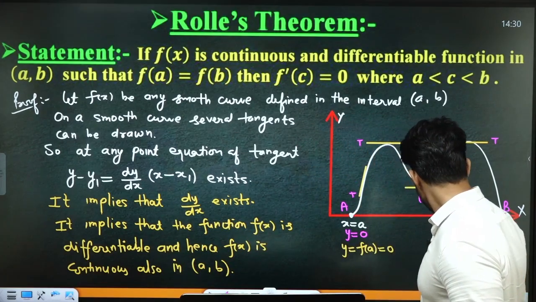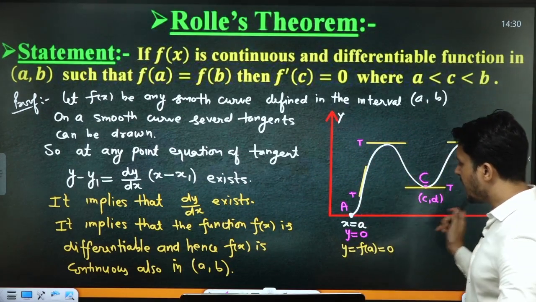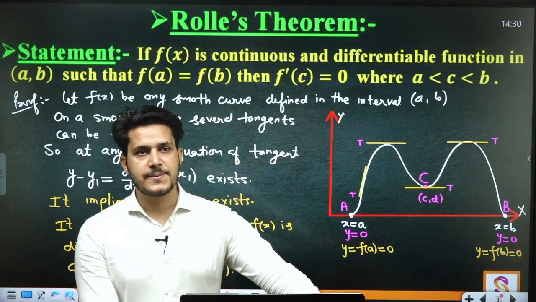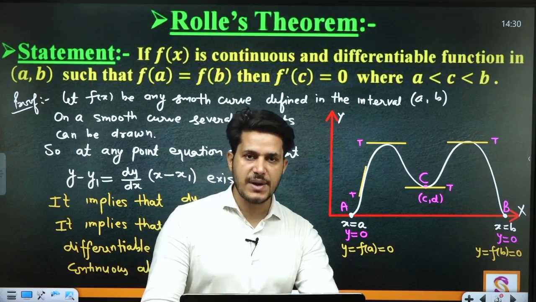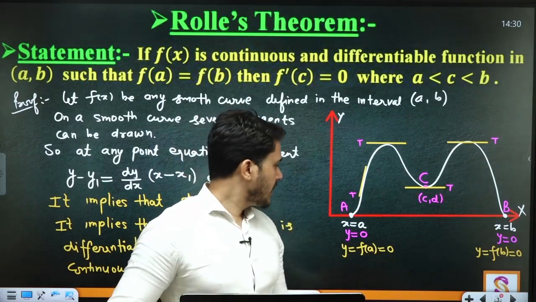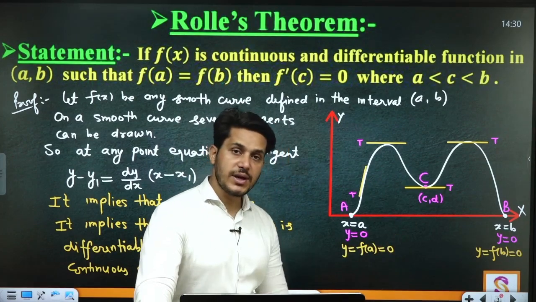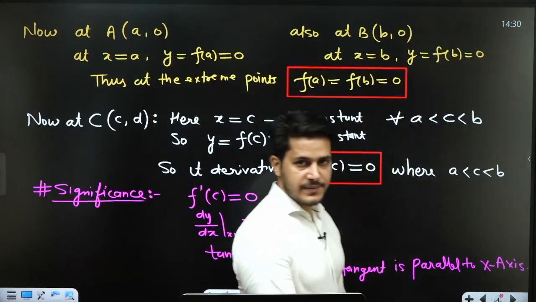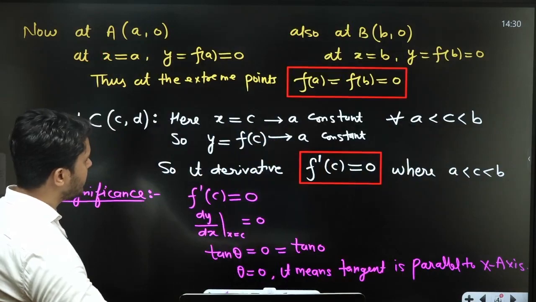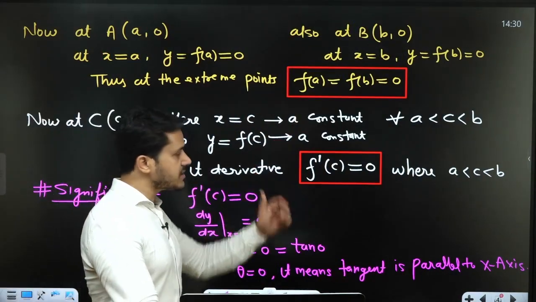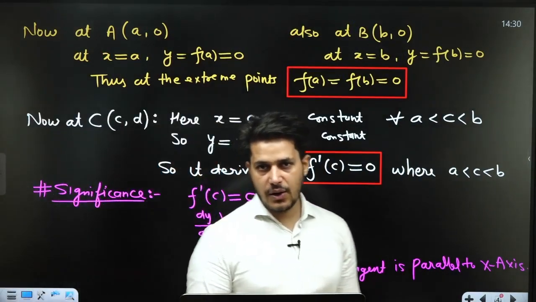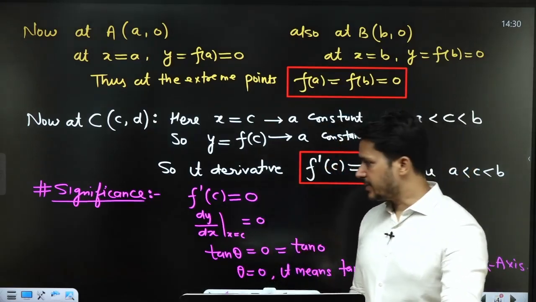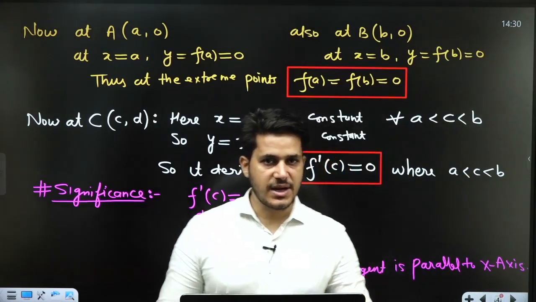The next point is this: at the end points a and b, y equal to 0, and y is nothing but f of a and f of b at the respective points A and B. Both these values must be 0, only then Rolle's theorem is applicable. So f(a) equal to f(b) equal to 0 should hold. Only this condition will make Rolle's theorem applicable. So this was the complete statement.